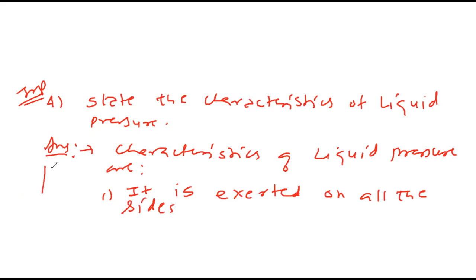Solid will give it only on the bottom. That means if I take a container filled with liquid, here also we will get pressure, here also, here also. Because liquid is flowing, it will give pressure on all sides. So it is exerted on all the sides of the container.